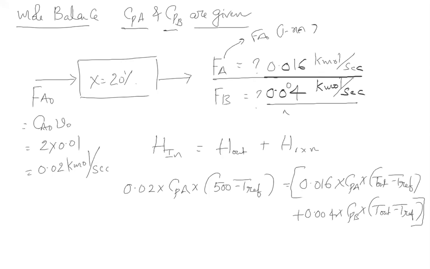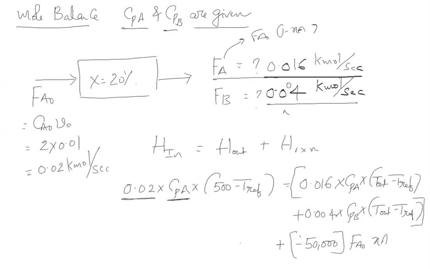M is not there. Here it is Cp of A multiplied by molar flow rate, because Cp is based on moles. So your M is the molar flow rate now. Plus, what is delta HR? Minus 50,000 into Fa naught into Xa.